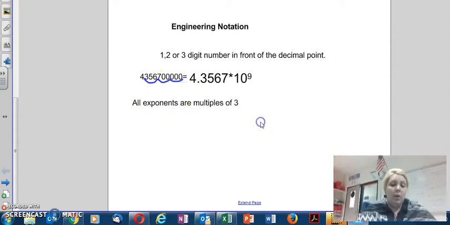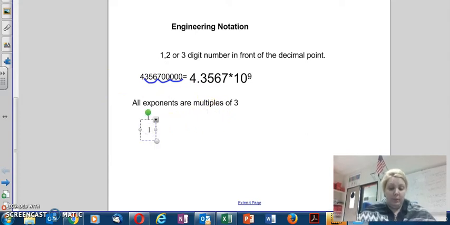So how do I know if my exponent is positive or negative? The same way I did in scientific notation. All I have to do is look which way I went. This time I was moving my decimal point to the left, therefore it's positive.